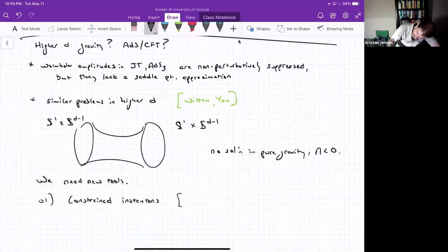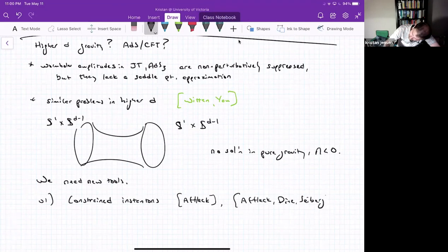It was developed by Affleck in the context of, say, Yang-Mills in a Higgs phase, as well as Affleck. There's a lovely paper of Affleck, Dine, and Seiberg for N=N_f-1 SQCD.